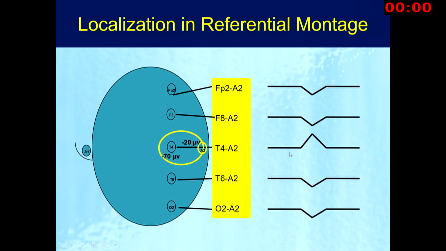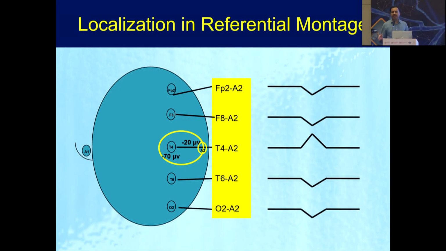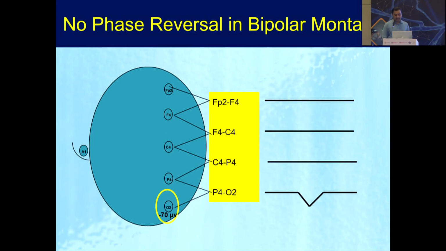So you see the potential is only in T4, but all other channels show a downward deflection. So in common average, if you see one or two negative, but all the channels are showing a positive deflection, it is likely a contamination of the reference. You get a phase reversal here, but that is a technical phase reversal and not a real phase reversal. So that situation will indicate a contamination of the reference.